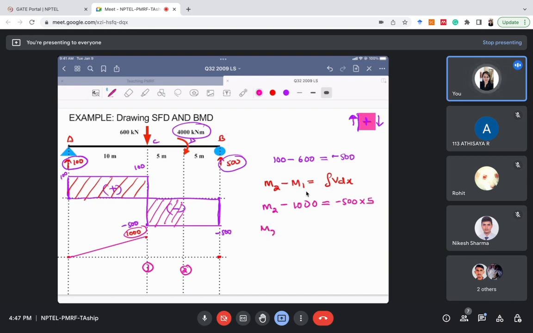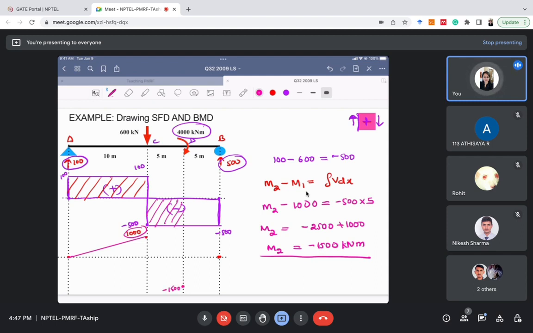So M2 will be minus 2500 plus 1000. So M2 will be minus 1500 kilonewton meter. So we now know that at section 2, that is at section D, the value of bending moment is minus 1500. I'll mark it here, minus 1500.